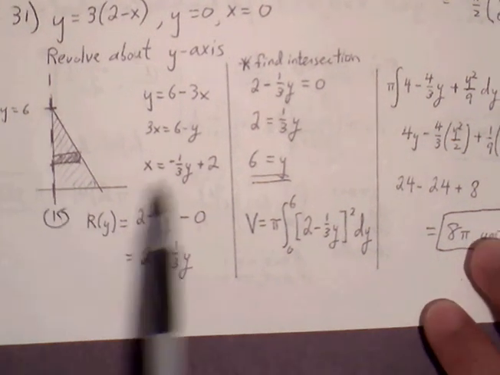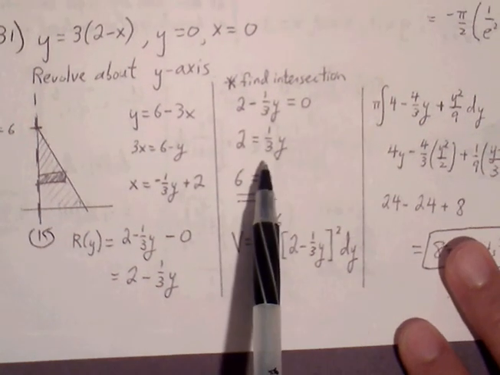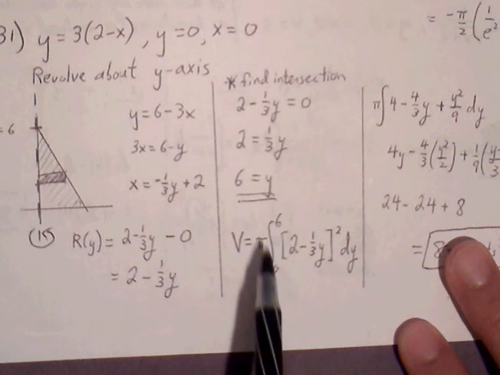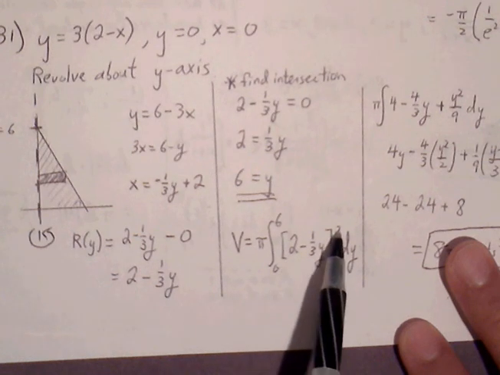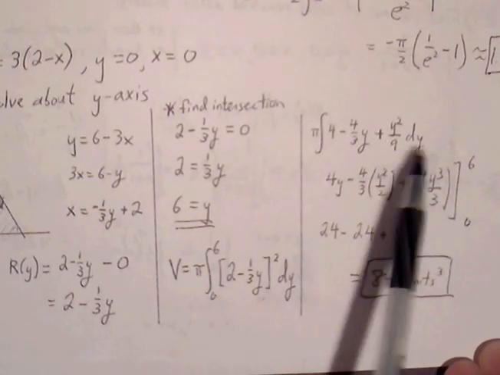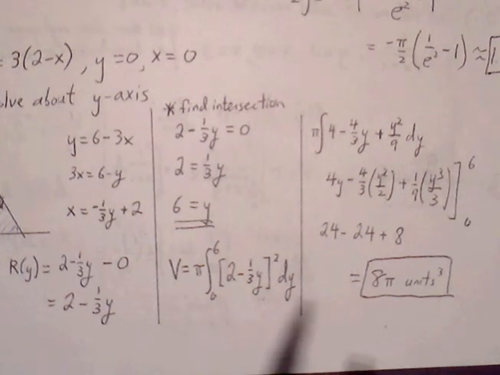So we set 2 minus 1/3 y equal to 0. Bring the 1/3 y over to the right. Cross multiply, we get y equals 6. Lower bound is 0, upper bound is 6. R squared, so 2 minus 1/3 y squared. We can expand, go through power rule, plug in upper and lower bounds, and this simplifies to be 8 pi cubic units.